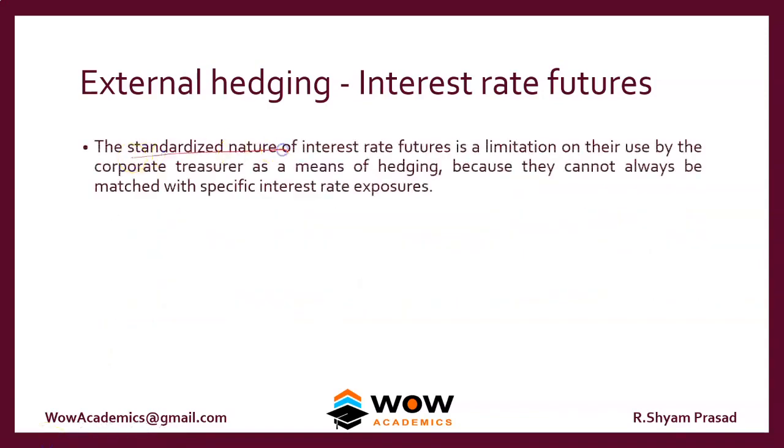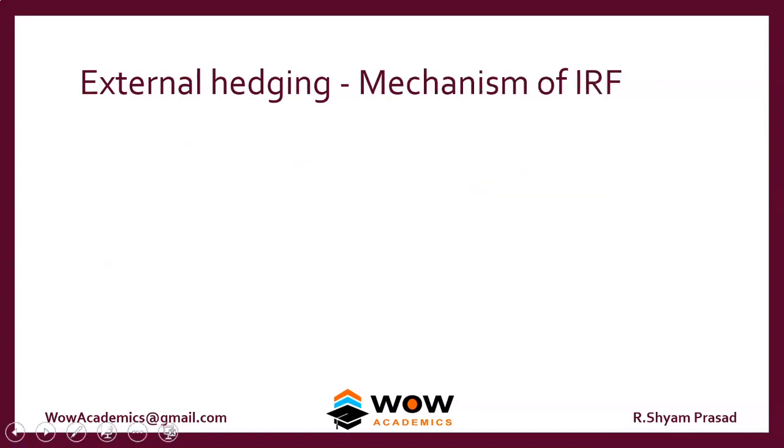The standardized nature of interest rate futures is a limitation on their use by corporate treasurers as a means of hedging, because they cannot always be matched with specific interest rate exposures. So there are some drawbacks in terms of interest rate futures, and that is why corporate treasurers don't prefer interest rate futures. In this slide, we look at how interest rate futures work.